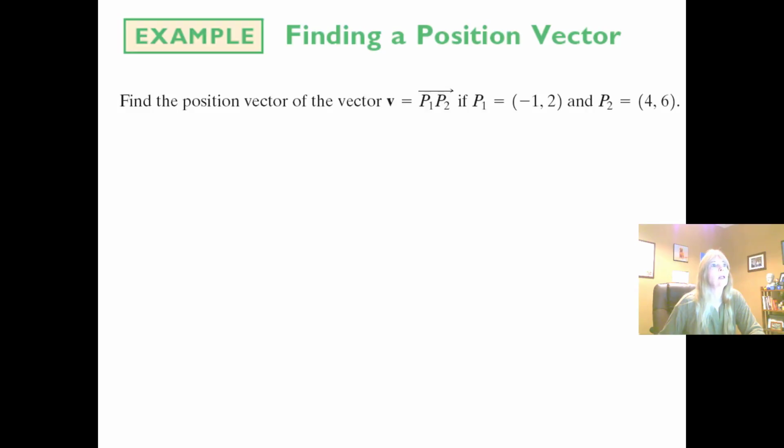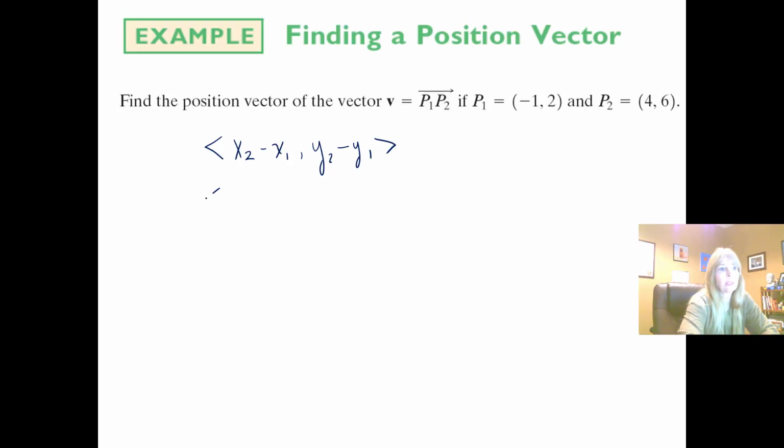It says find the position vector of the vector v here, if P1 is (-1, 2) and P2 is (4, 6). So all I'm going to do is x2 minus x1 and then y2 minus y1.